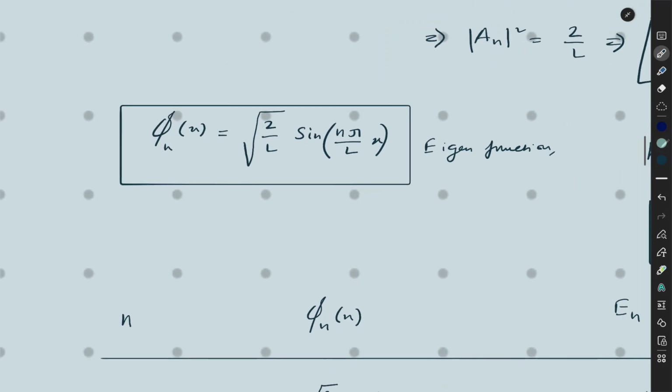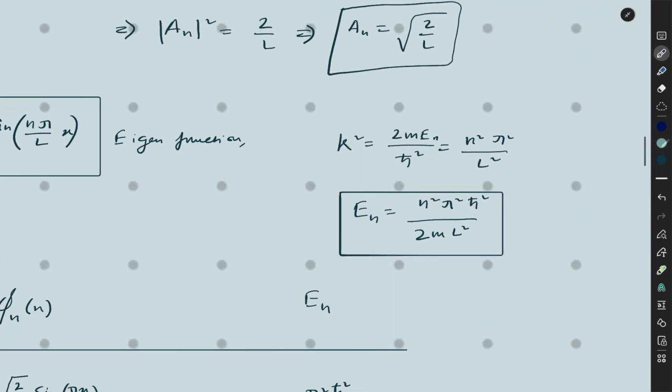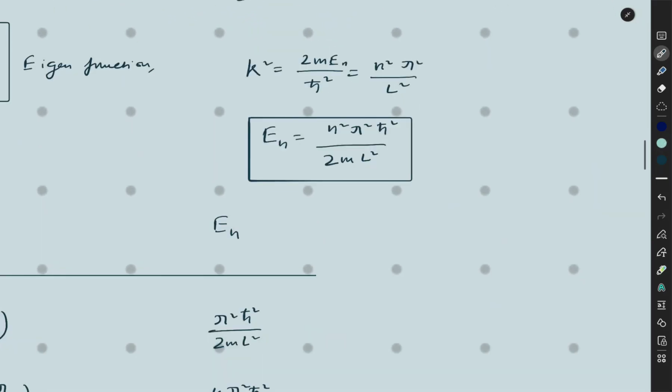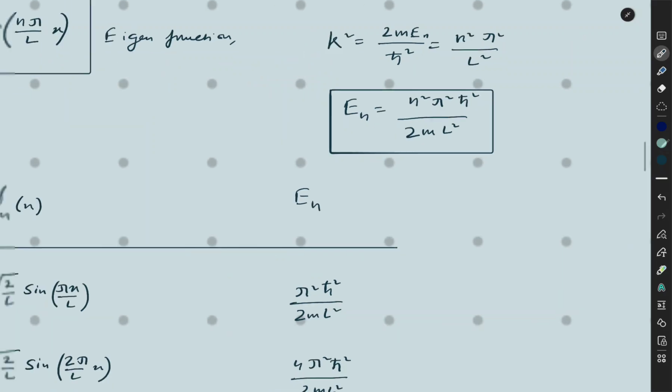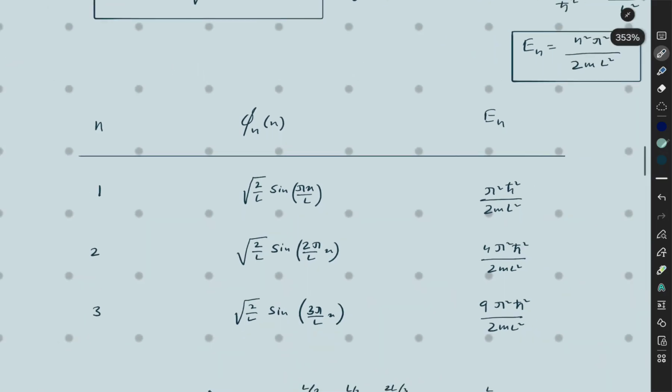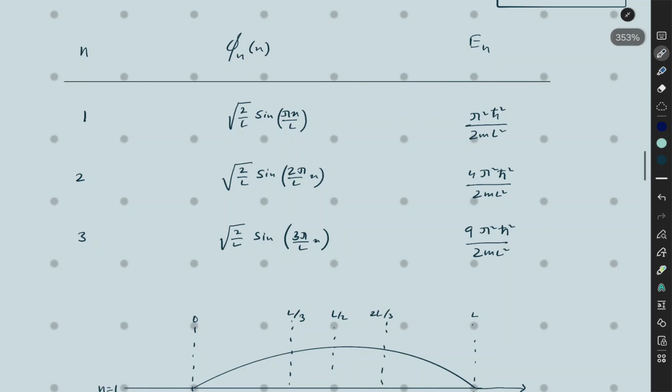So if we rewrite our eigenfunction, it comes as phi n of x equal to square root of 2 by L sine n pi x by L, and the corresponding eigenvalue, that is energy, E n equal to n square pi square h cut square by 2m L square. And now if we draw the table, for n equal to 1 we are getting this eigenfunction and this eigenvalue, and for 2 this one and this one, and for 3 similarly.